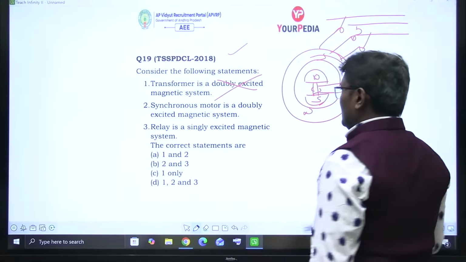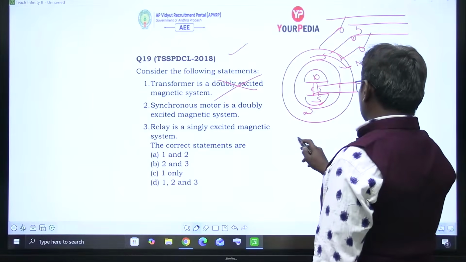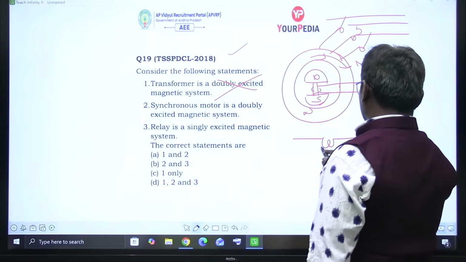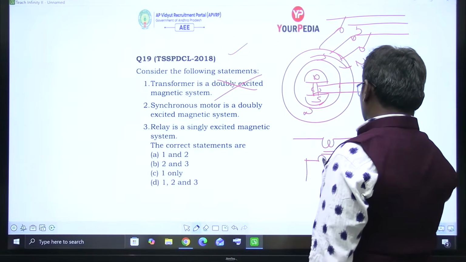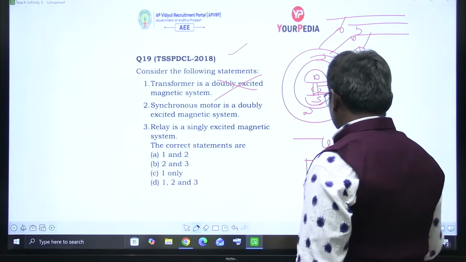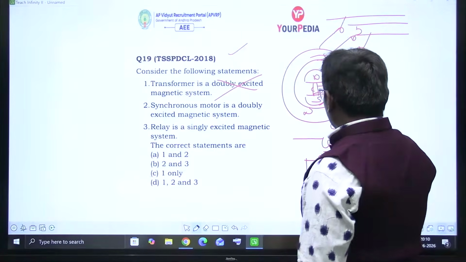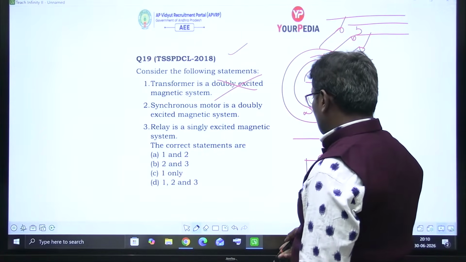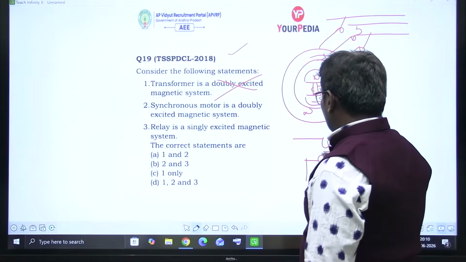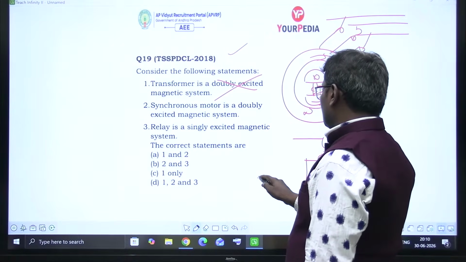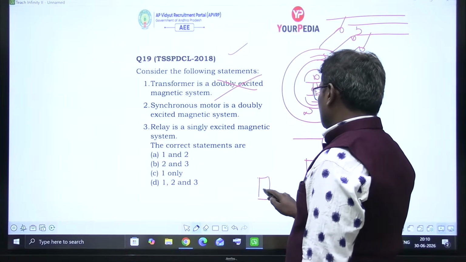And relay, see here, this is the CT secondary, the current transformer, and the relay is also connected. This is called the relay coil.